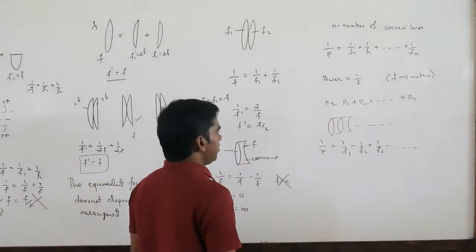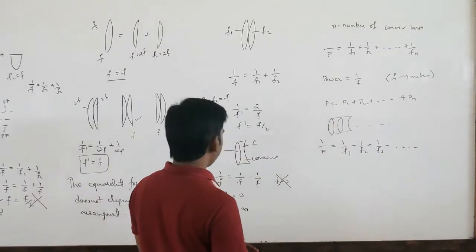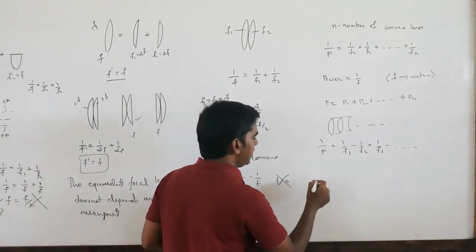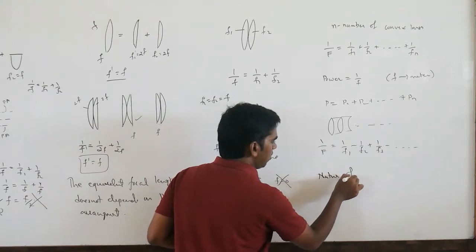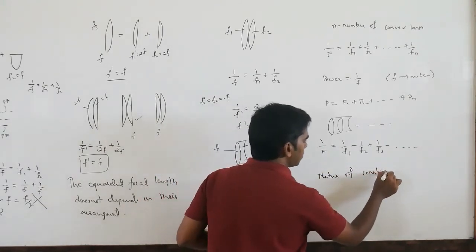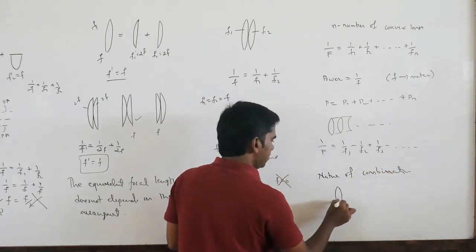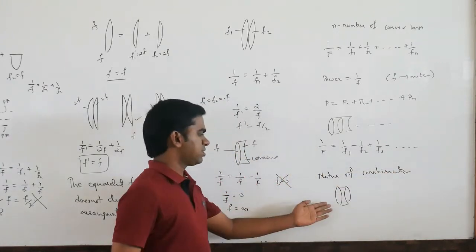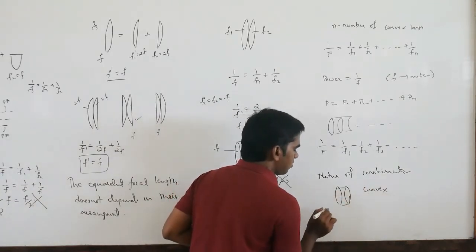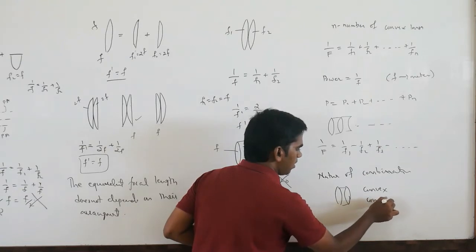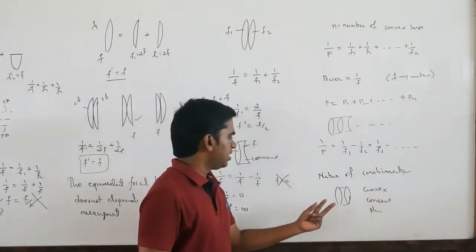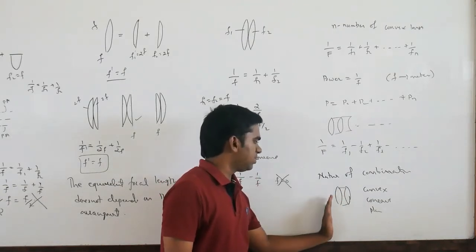Okay. So with the help of this, we can find the new focal length, or the nature of the combination. Suppose they ask whether this combination is convex or concave or plain glass, with options.